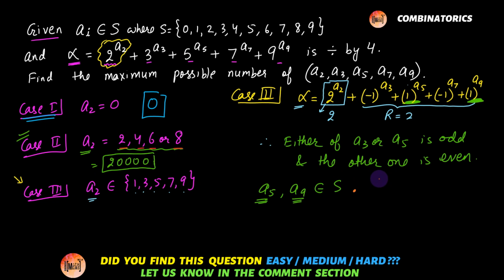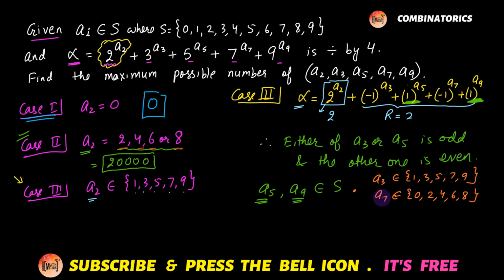Now let us consider the case when A3 is odd. So A3 belongs to 1, 3, 5, 7 and 9, and A7 is even. So A7 will belong to 0, 2, 4, 6 and 8. So there are 5 ways in which A3 can be selected and 5 ways in which A7 can be selected.